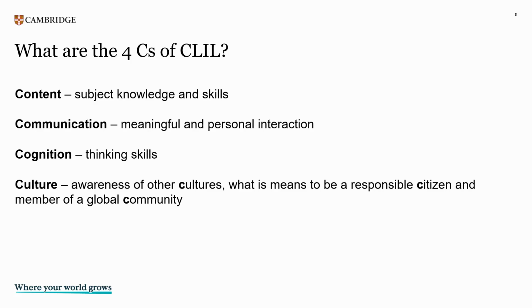Depending on the content, however, wherever we can, we try and make a personal connection to the topic for the students. Cognition is something we'll be talking about in this module, Module 1, learning and also thinking skills. Culture is also sometimes referred to as community. Again, this has a personal connection to the students. More about that later.